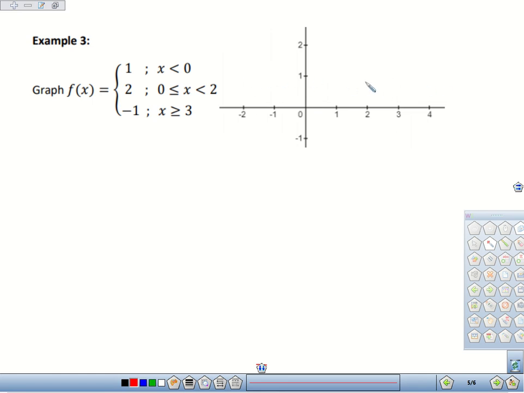Now the next thing I have to determine is where it's going to end and where it's going to begin. So, x is less than 0. Is it open or closed? Open. So you draw an open circle where x is 0, and I know that it's going to the left.